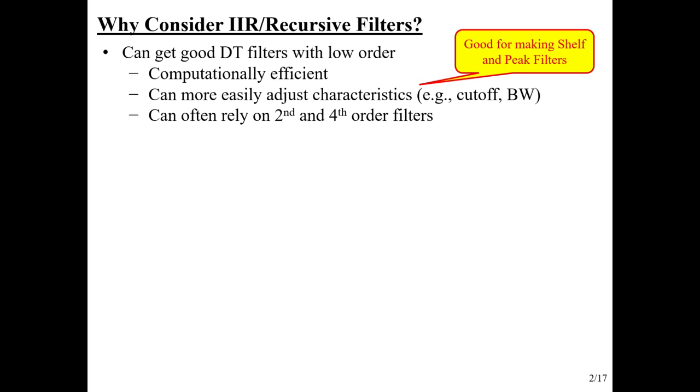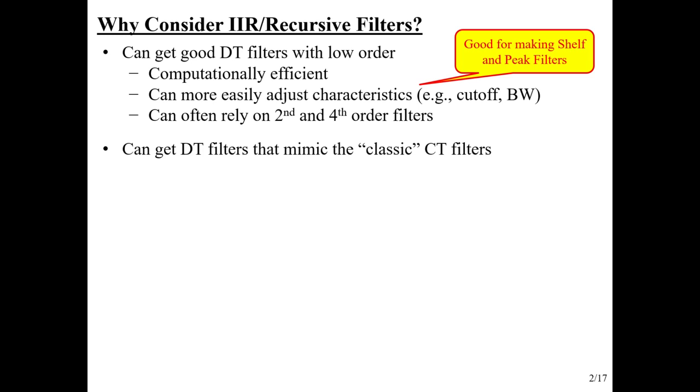So IIR filters have an advantage there. And we can often just rely on designs of second and fourth order, maybe throw a third order in there as well, filters, because we can then just cascade them into making higher order filters. So that sometimes simplifies the design process.